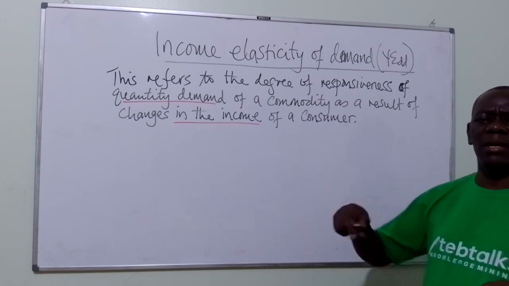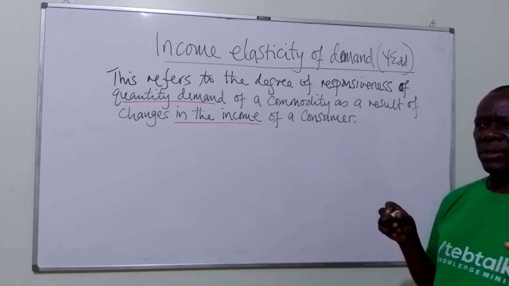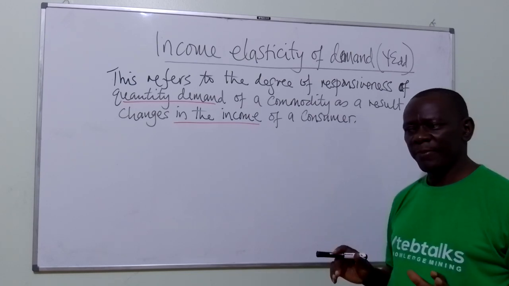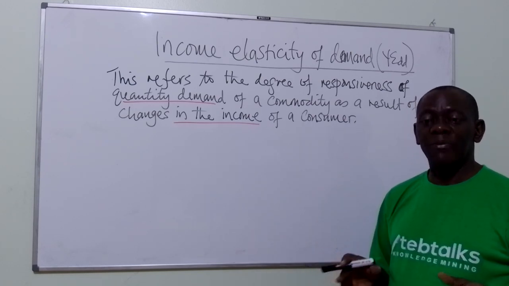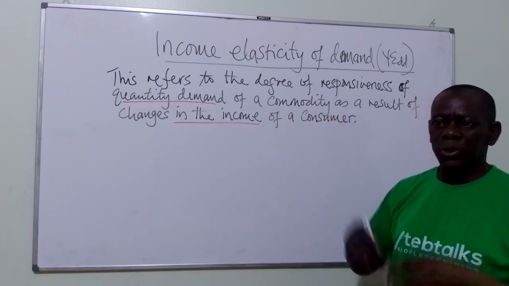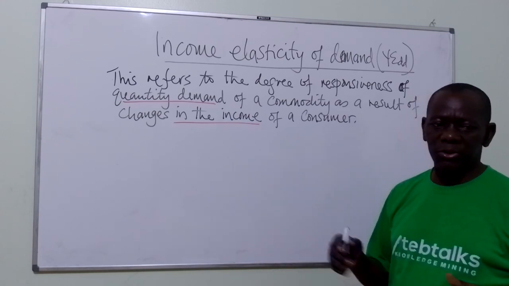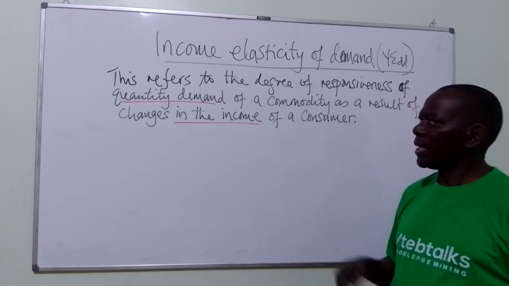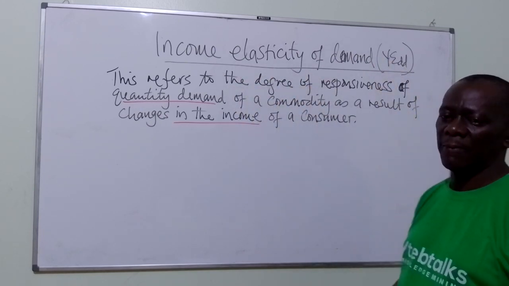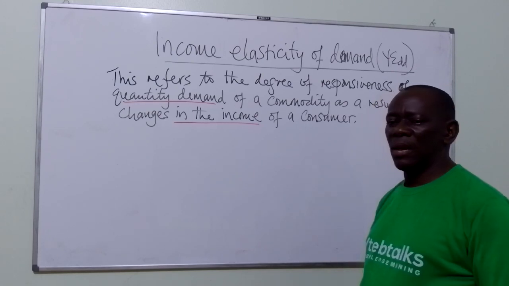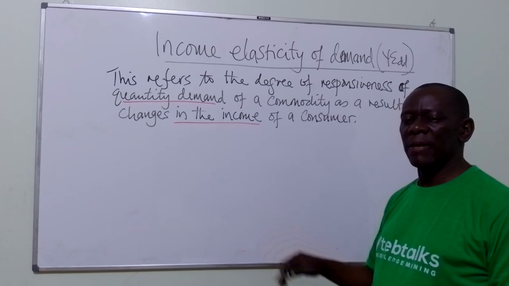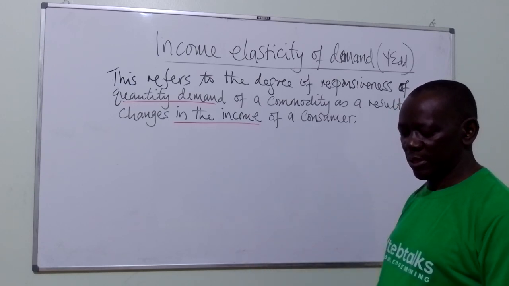Why did they increase the incomes of these people? Sometimes the economic planners must study these demands. If we increase the incomes of, for example, teachers, which commodities will have increased demand? Which commodities are they going to abandon because of increased income? And that's exactly what we are calculating here: income elasticity of demand. As your income changes, what will happen to demand? It is not uniform, it is not standard, but it depends on the nature of the commodity.